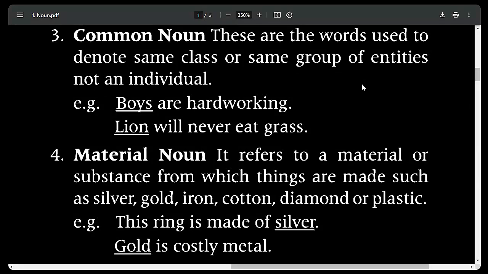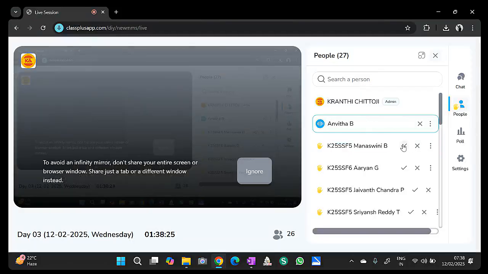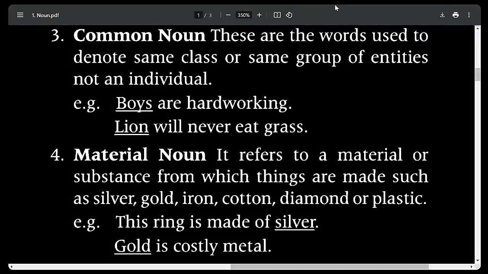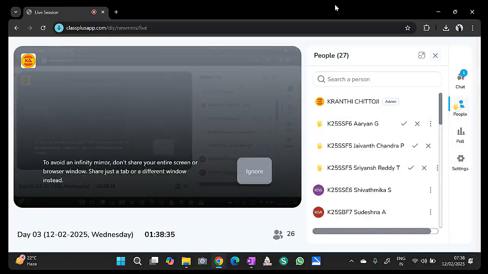Okay, just go through the class now, and later after completing you get the recorded lecture, no? Then you can write the notes. Okay, sir. And Manaswini, what's your doubt? Manaswini, you're not audible. Aryan, what's your doubt?